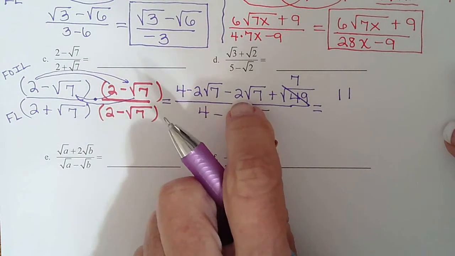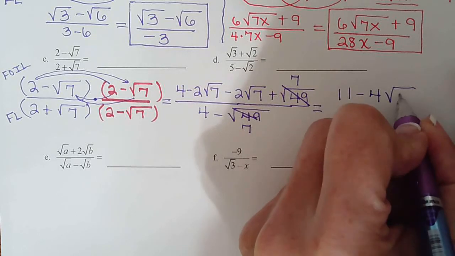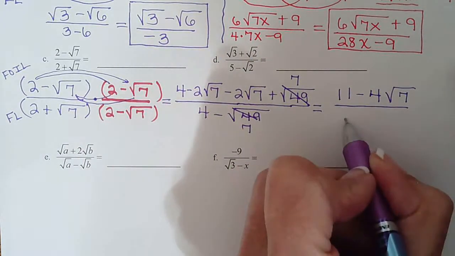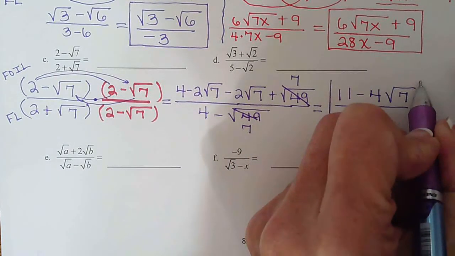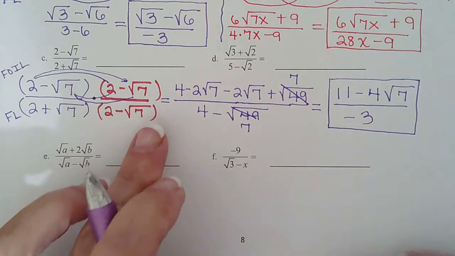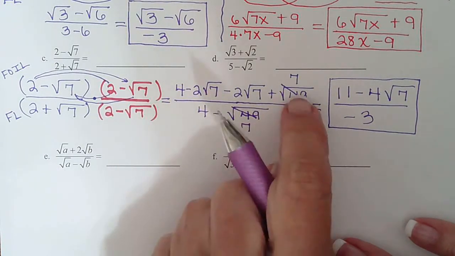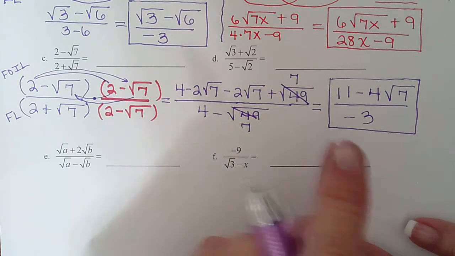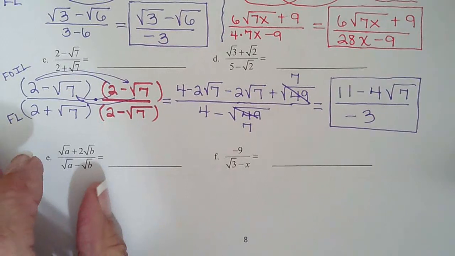Negative 2 rad 7 and negative 2 rad 7 is negative 4 rad 7. And in the denominator, we have 4 minus 7, which is negative 3. So that one looked a lot harder than it was. It wasn't too bad. So FOIL the entire numerator, F and L the denominator, clean up any radicals that need to be simplified. And the square root of 49 is 7, not 7 under the radical, just regular 7. And there's our answer.